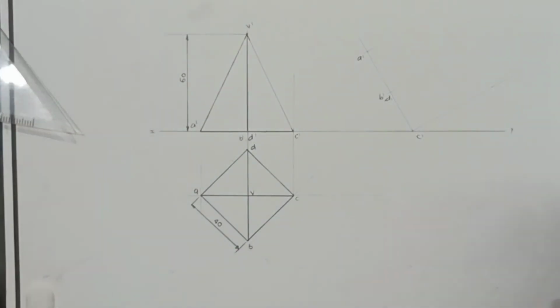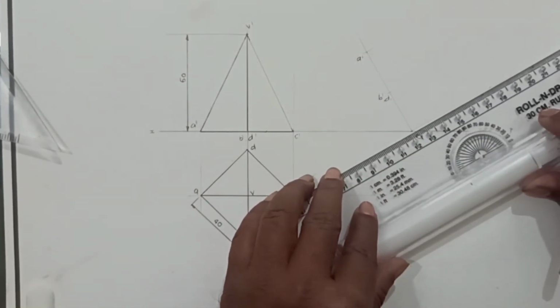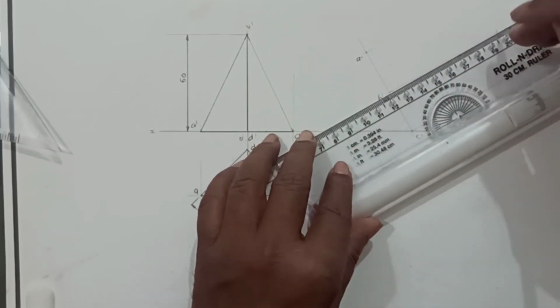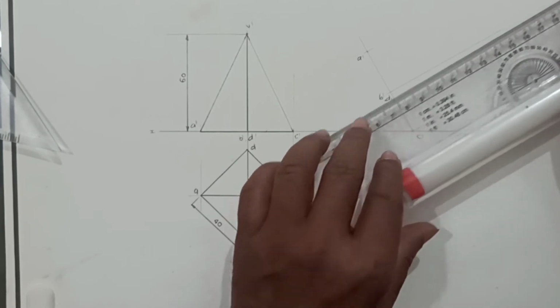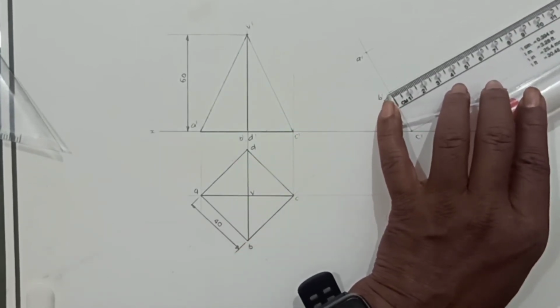Now through B dash, D dash, which represent the axis, draw this line, and on this line show the distance of 50 mm, 60 mm, because this is the axis length or height of the pyramid.